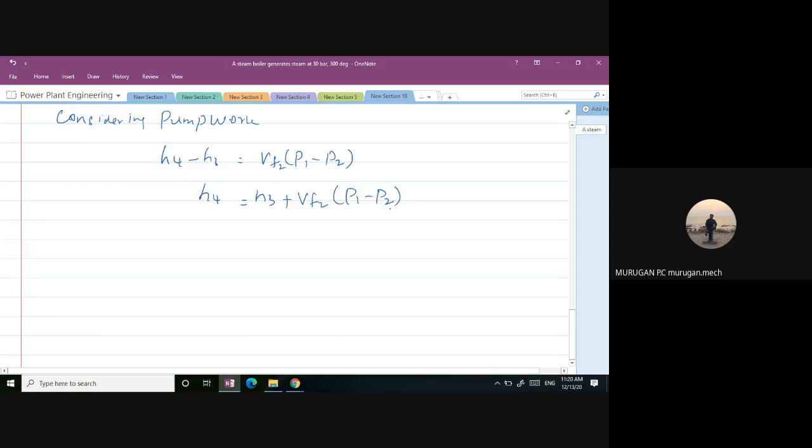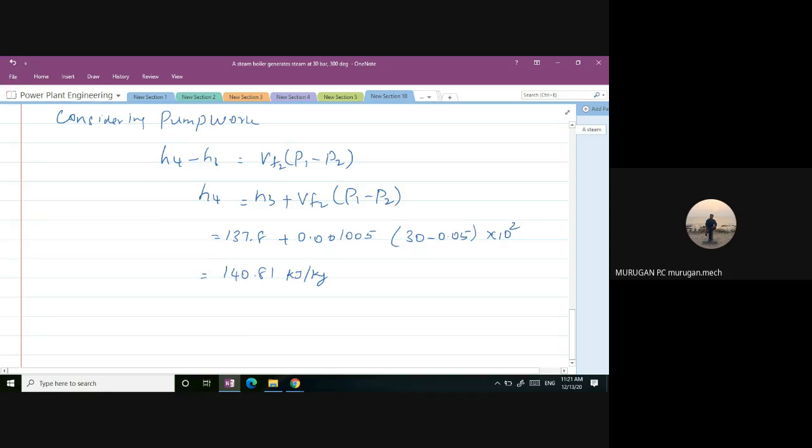So here it is 137.8 plus 0.001005 into 30 minus 0.05 into 10 to the power 2. So here finally we obtain the answer as 140.81 kilojoule per kg. Why are we introducing this term, 10 to the power 2? That is, we have to convert it into kilopascal.